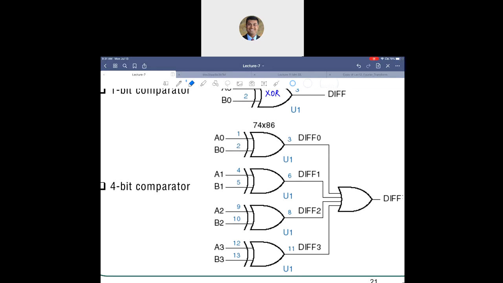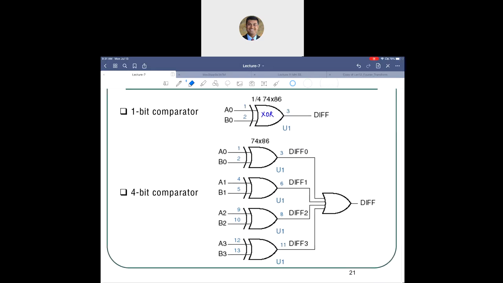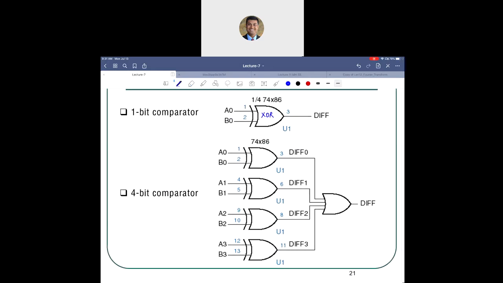Next, you have a 4-bit comparator, also telling you whether the 4 bits are different or not. That's it. Are they different or are they not? And this can be done by checking for A0, B0, A1, B1, A2, B2, A3, B3. So think of it like this. You have A3, A2, A1, A0.